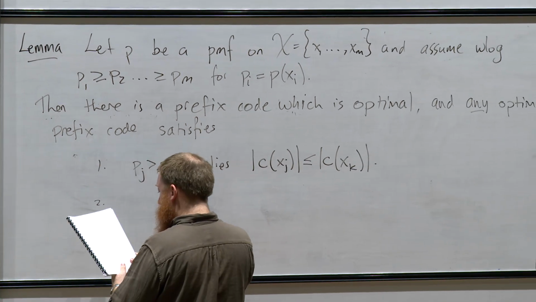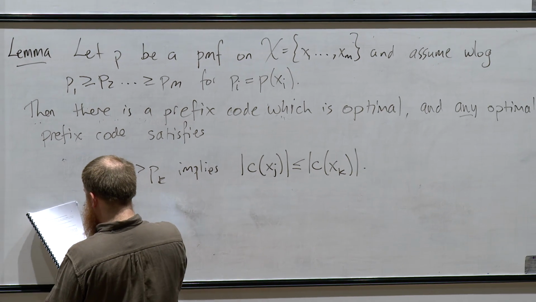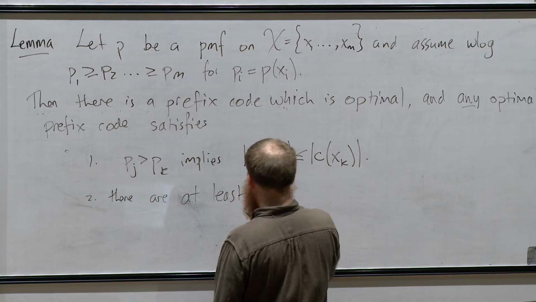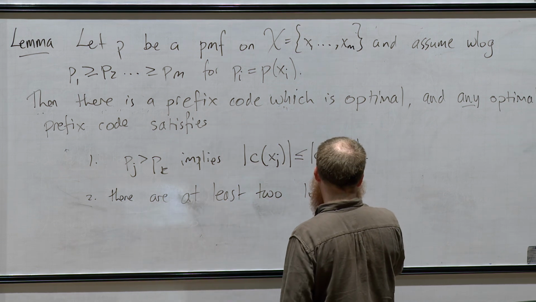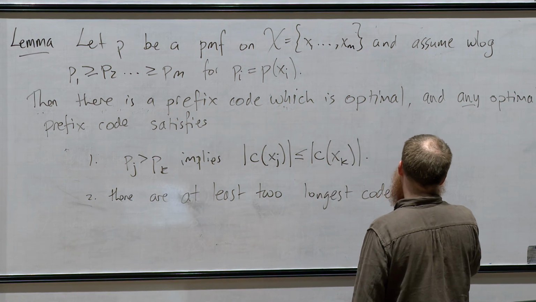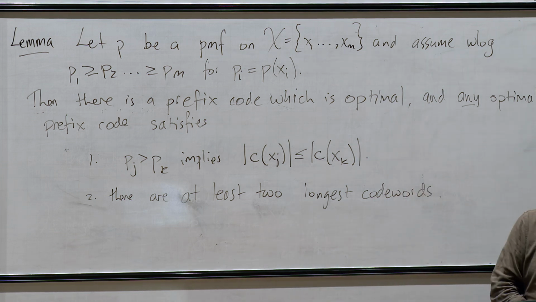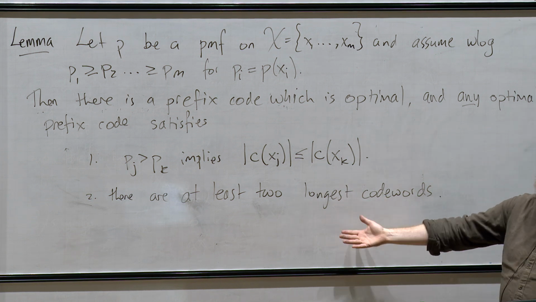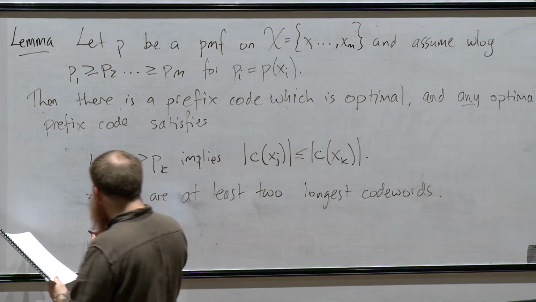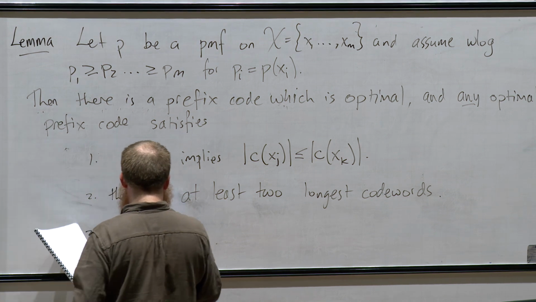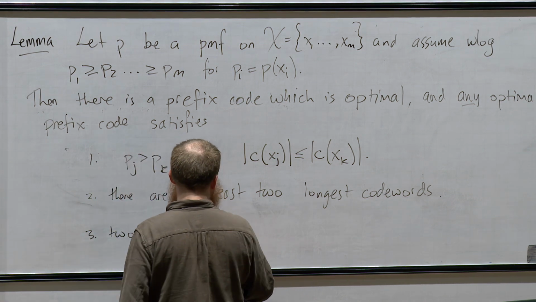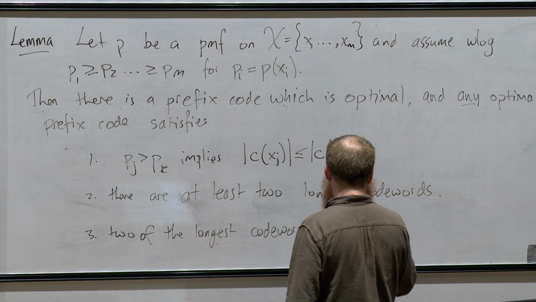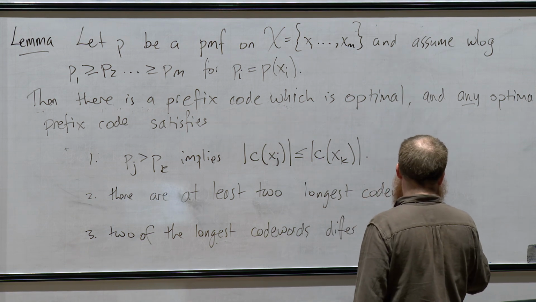Property 2, there are at least two longest code words. There may be more than two, but there's at least two longest code words, so they have the same length, obviously, they're both longest. And three, two of the longest code words differ only in the last digit.